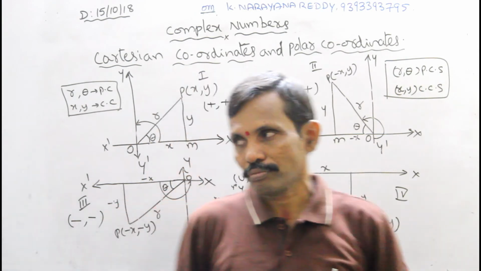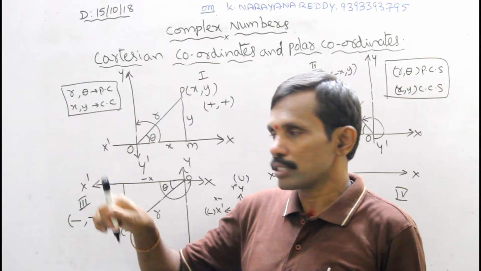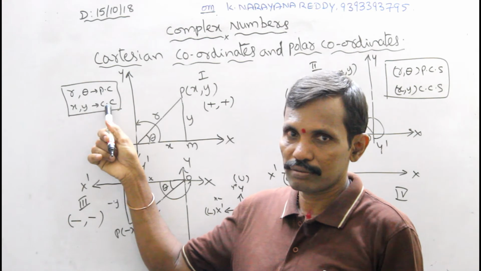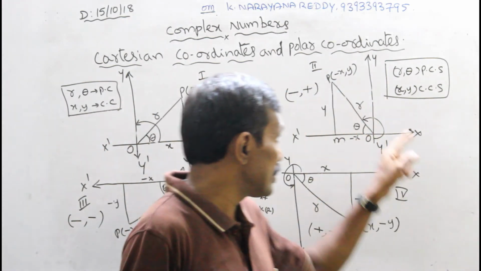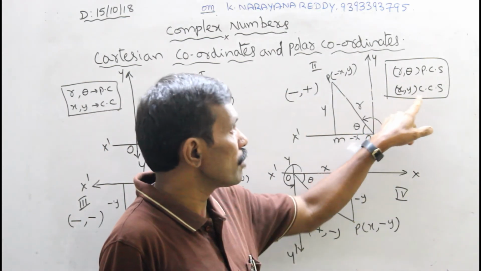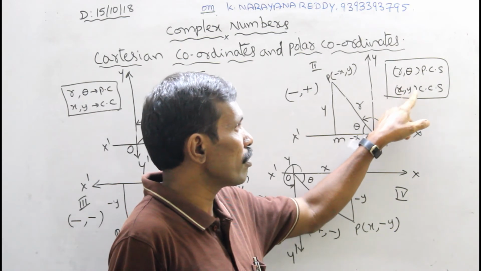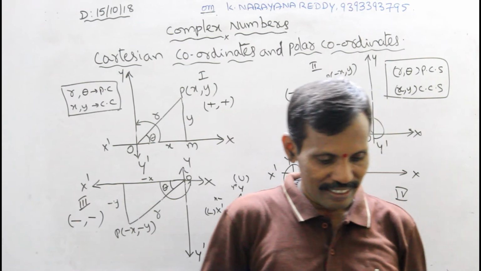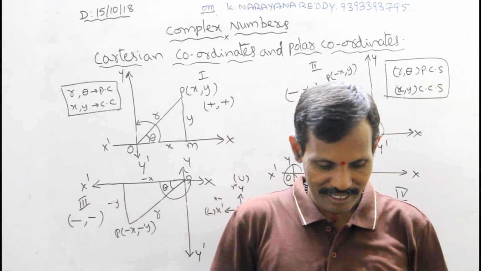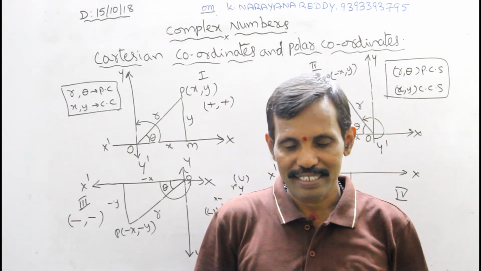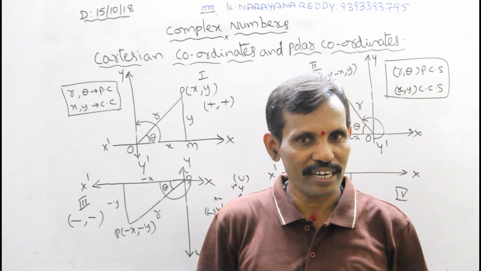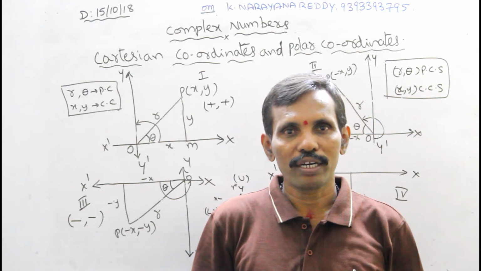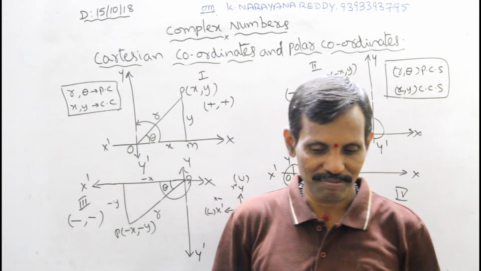In the same manner, Cartesian coordinates are x, y, CC. But CCS, the Cartesian coordinate system, is bracket x comma y, bracket close, that is CCS. This is some introduction about polar coordinates and Cartesian coordinates, the polar coordinate system and the Cartesian coordinate system.